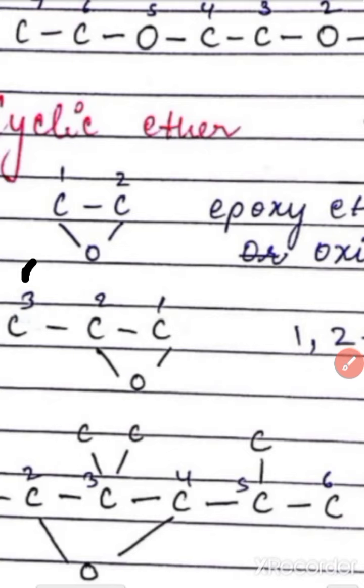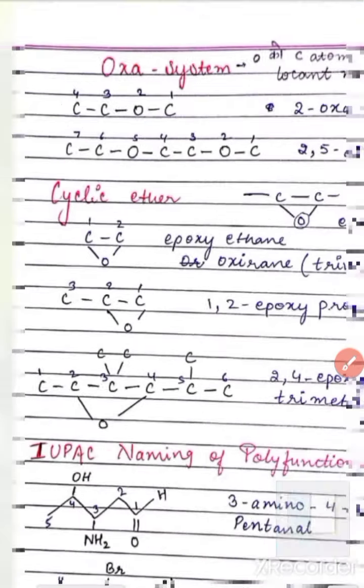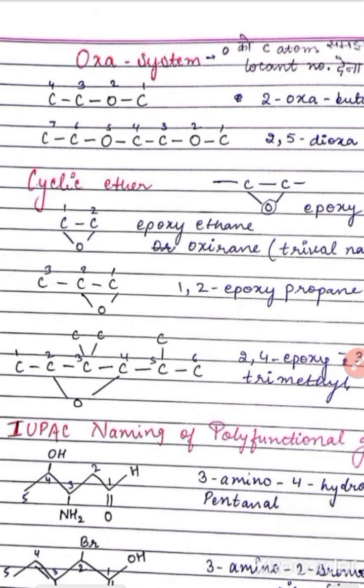While if I number it from this side, then the epoxy group will get first and second positions. So that's why I've numbered it from this side. So the name of the compound will be 1,2-epoxy, and the carbon chain is of 3 carbons, so propane.